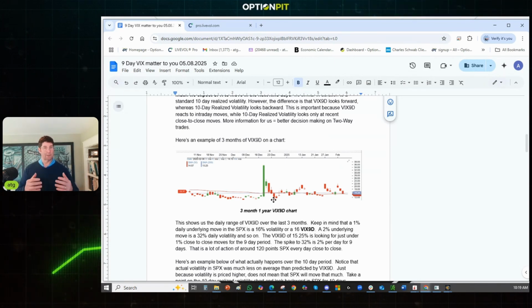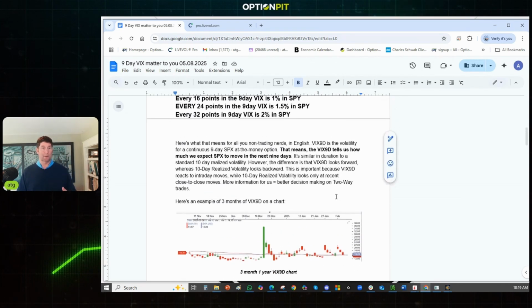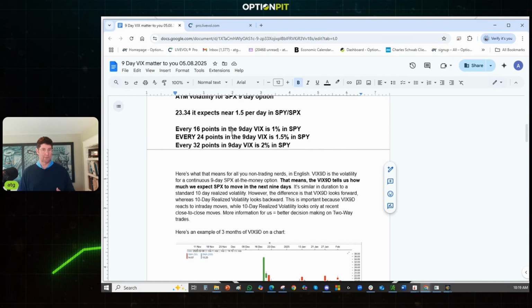If 9-day VIX starts to relax somewhat, like you see all these slow melts down, that's generally very bullish for SPY, right? Those are longer trends that tend to work very well.